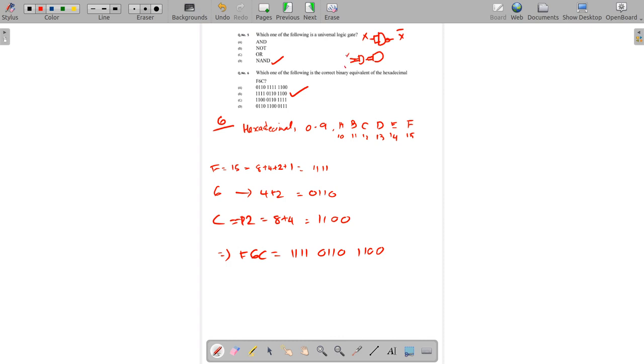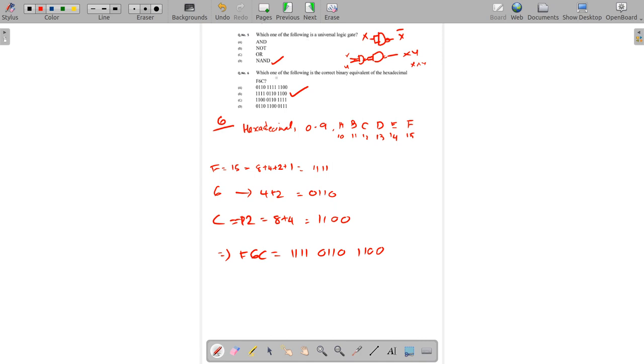This is X, this is Y, this is NAND, this is NAND, and this will give you XY. And similarly with 3 NAND gates you can actually produce an OR gate, X plus Y. So NAND gate is a universal gate. So, a basic question from digital electronics.